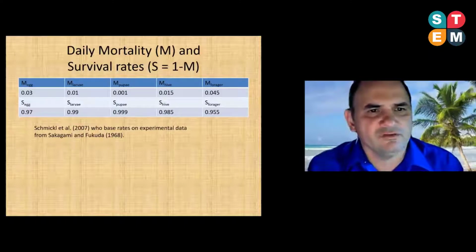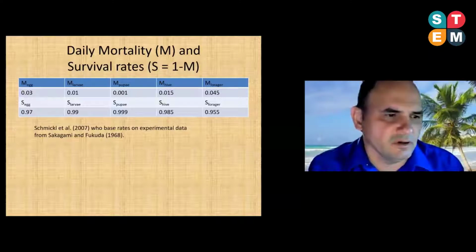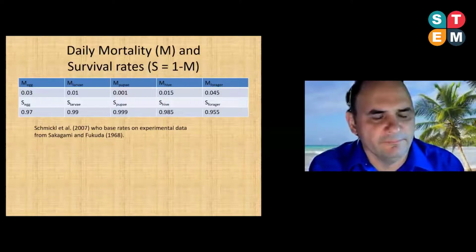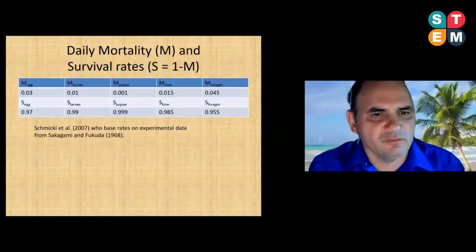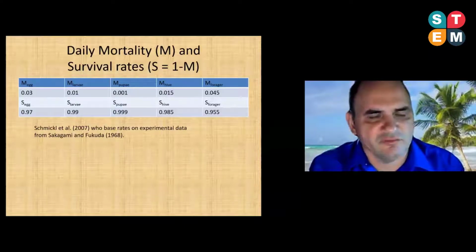The survival rate is 1 minus the mortality rate. This was based on Schmickl in 2007, who based rates on experimental data from Sakagami and Fukuda. So you can see the mortality of the bees changes depending on the caste they're in, and it's highest in the forager caste here.